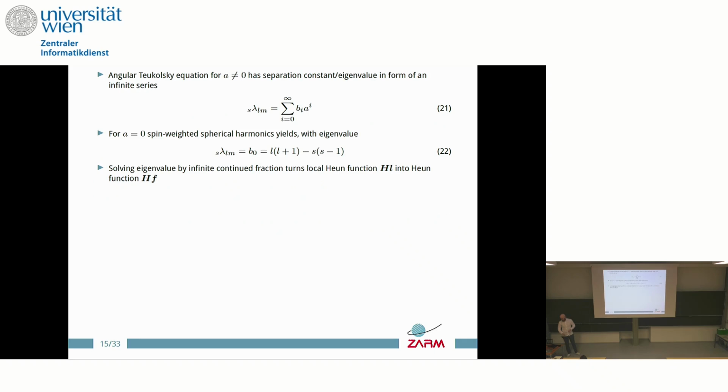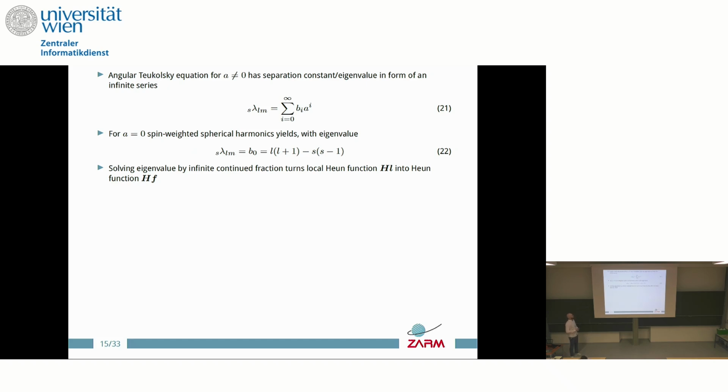Now you can derive the eigenvalue for this equation. As I've already told, we want to have a function for the polar Teukolsky equation such that we have regularity at both poles at the same time. For example, if I consider now the Schwarzschild geometry, then this differential equation gives the spherical harmonics.